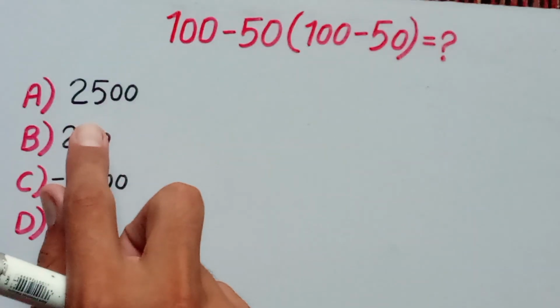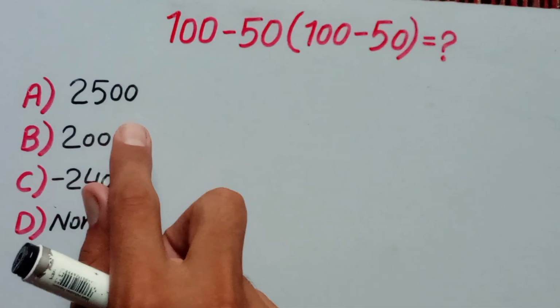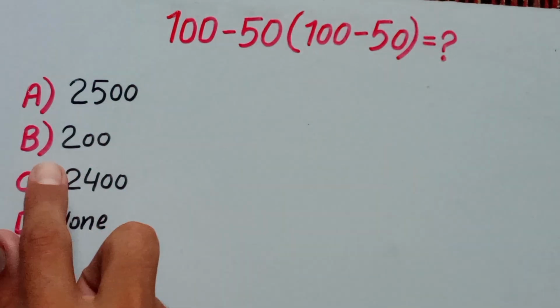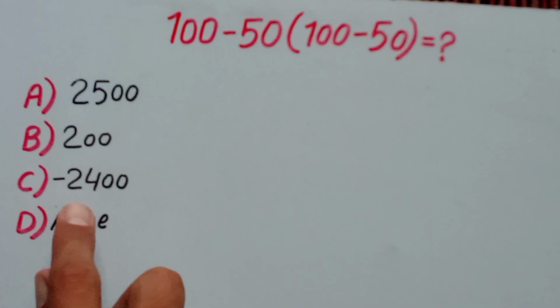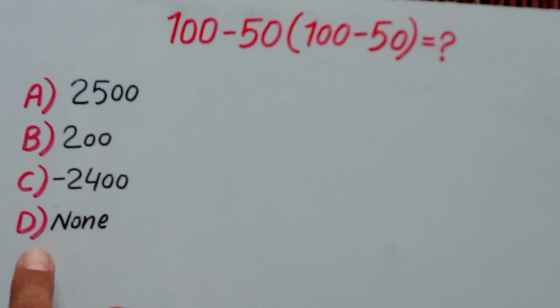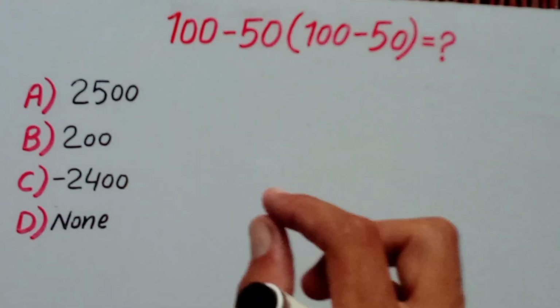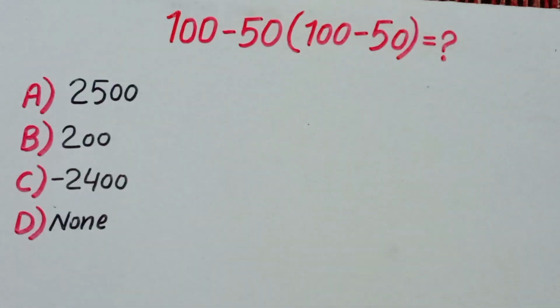Option A is 2500, option B is 2000, option C is minus 2400, and option D is none. Now guys, tell me which option is correct.